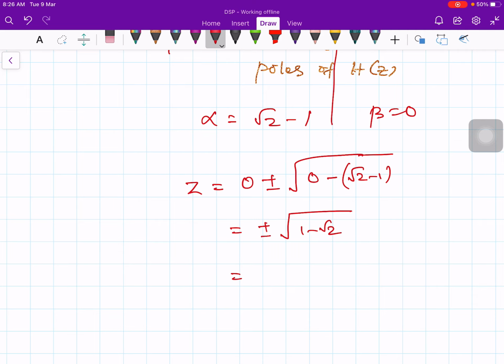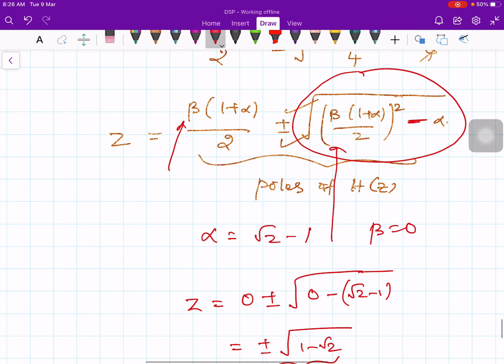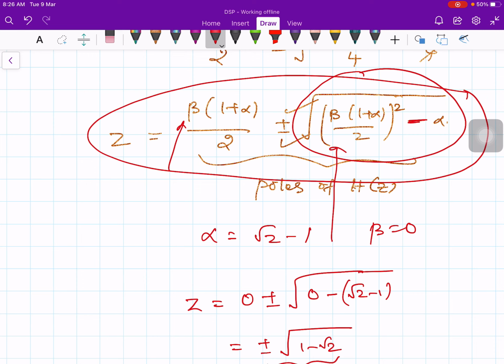Hold on. See, in this formula I substituted alpha equal to root 2 minus 1 and beta equal to 0. These are the poles of the system.